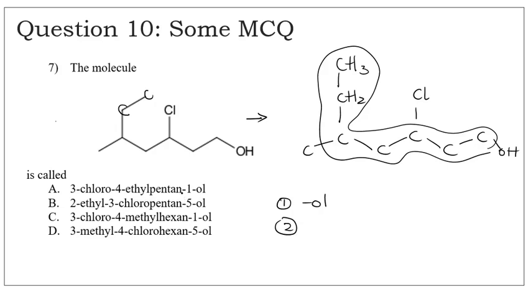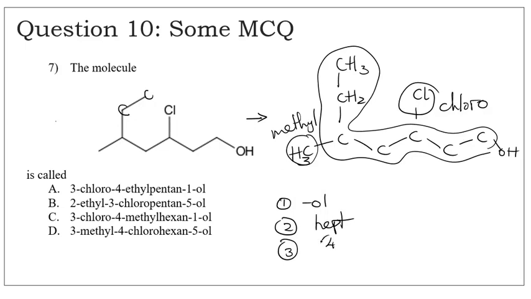Now, this is not good because I don't even see a heptanol here. Anyway, I'm just going to name it. Now that's a CH3. And then there's that. Okay. Anyway, that's a methyl. And this is a chloro.